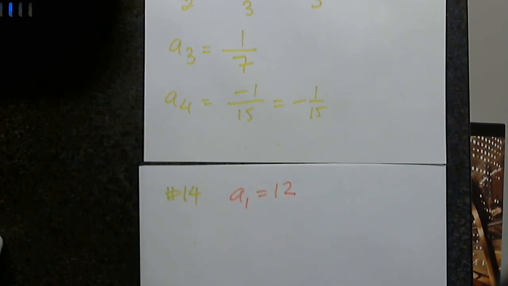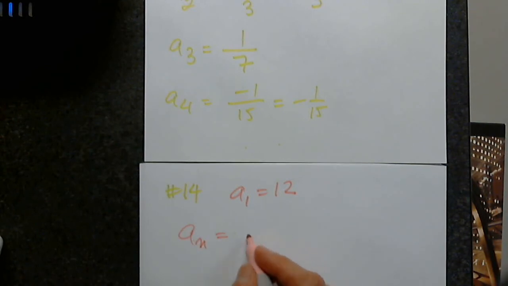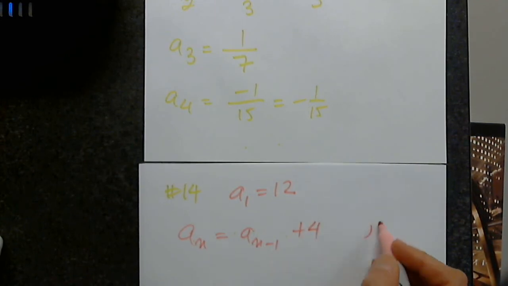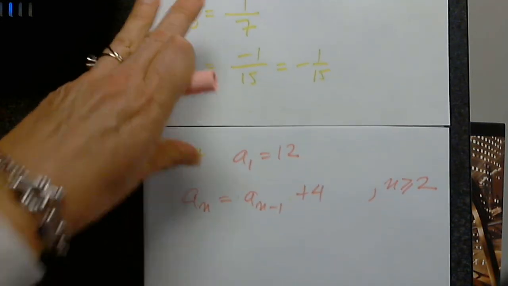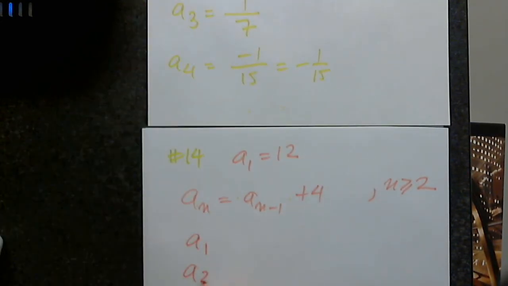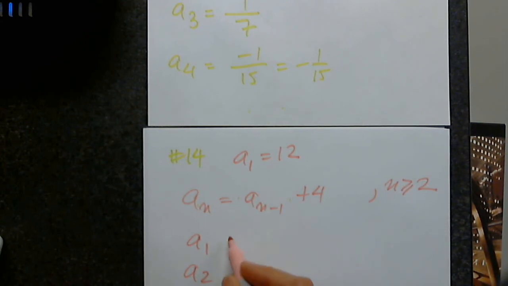A1 is 12, and they say that A sub n, or the nth term, depends on the previous one, n minus first, plus 4. And of course, n has to be greater than or equal to 2. They're asking us to write the first 4 terms. I have to write A1, A2, A3, and A4.